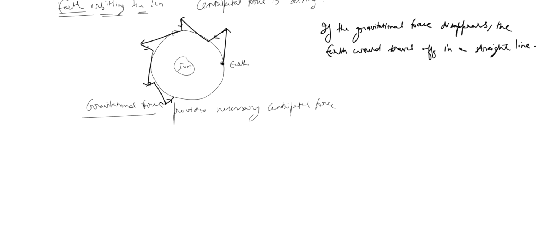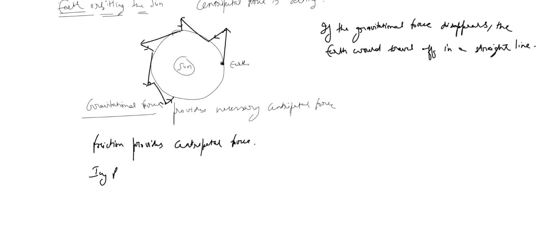We have discussed that when a car is taking a turn on a bend, friction provides the necessary centripetal force. Now, if it is an icy road, what does that mean?